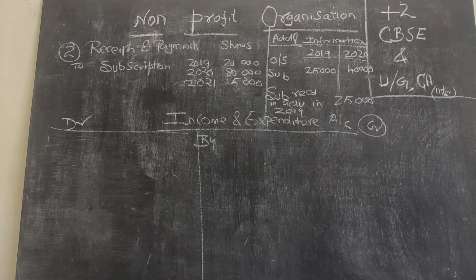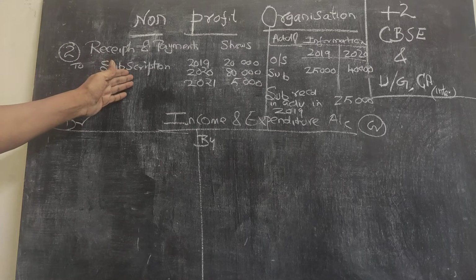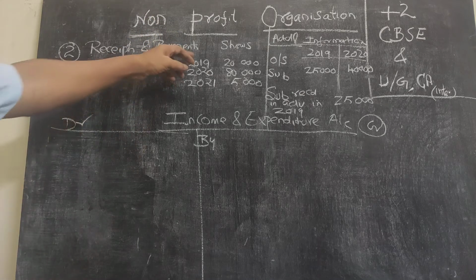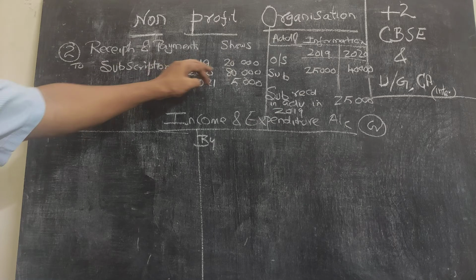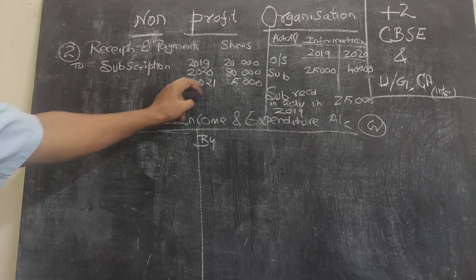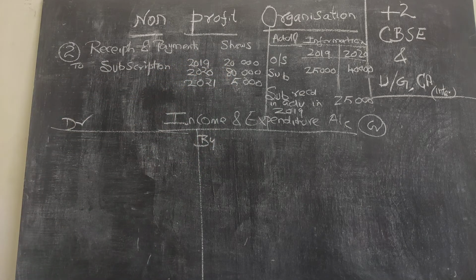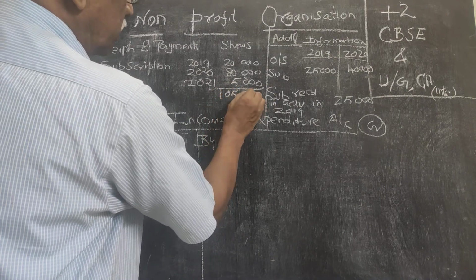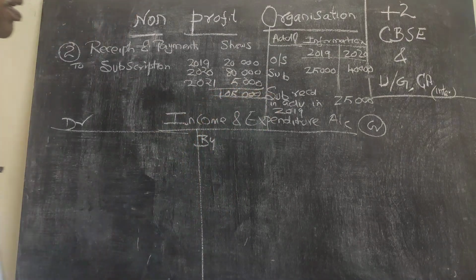Now the second problem. The receipts and payments account shows this particular. On the receipt side, they have shown subscription. They have given the breakup figure: for 2019 20,000, for 2020 80,000, for 2021 5,000. So the total subscription they have received is 1,05,000 during this year.